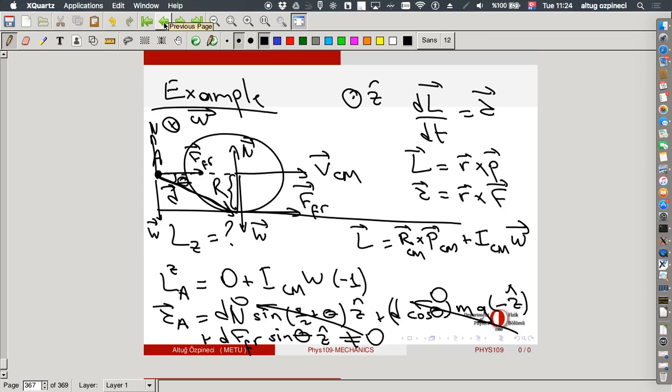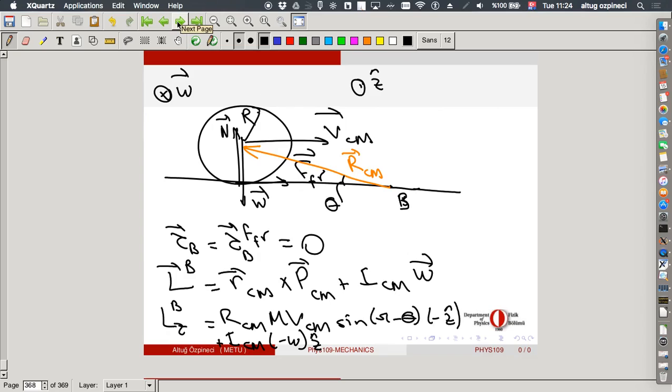You cannot use the conservation of angular momentum. Then we said that if we write the torque relative to this point B, there is 0 torque acting on my system, so angular momentum is conserved. And hence we can use the conservation of angular momentum written relative to this point B. Then you can just use the conservation law and obtain whatever result you are looking for.